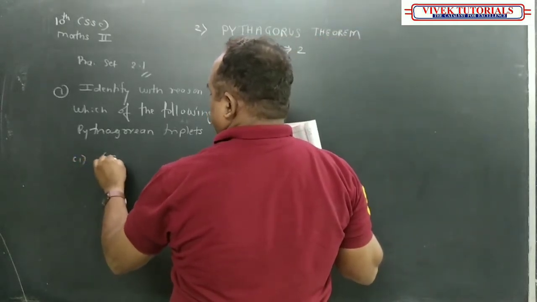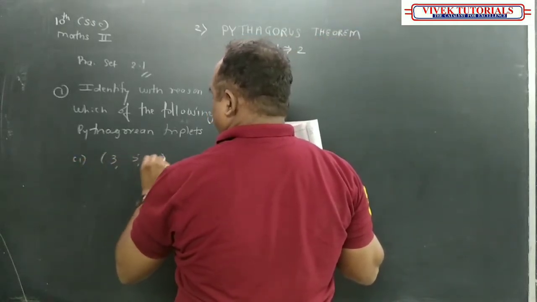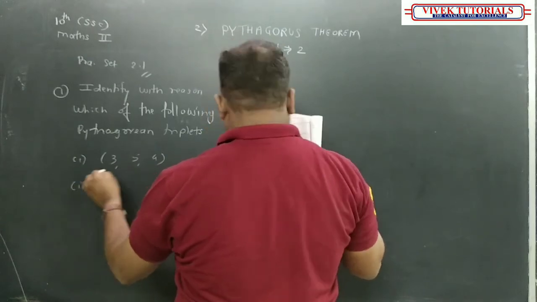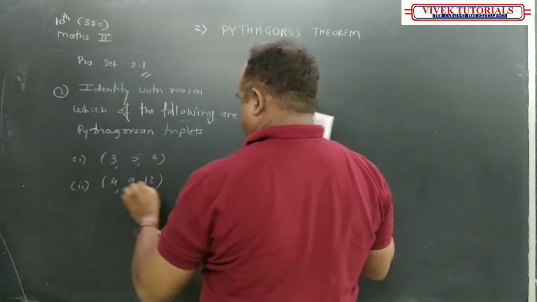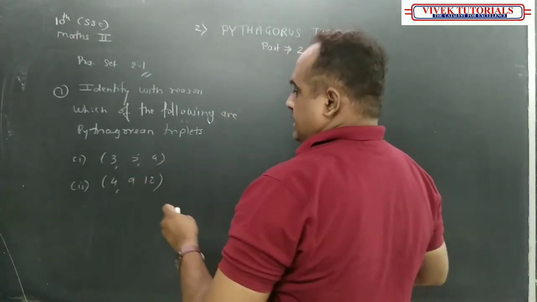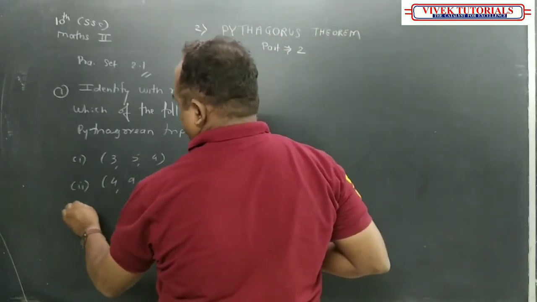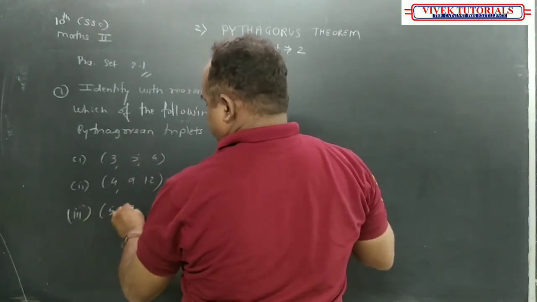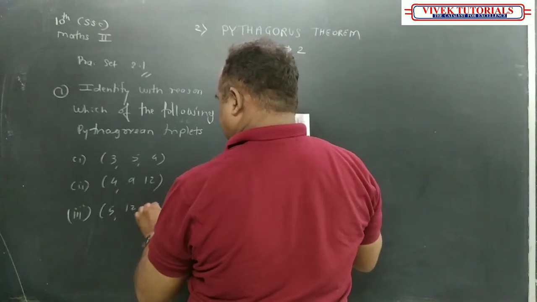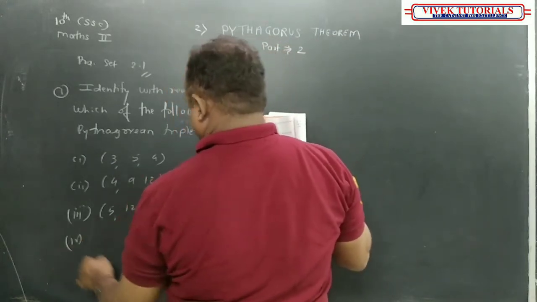First 3, 5 and 4. Second one 4, 9, 12. Third one 5, 12 and 13.